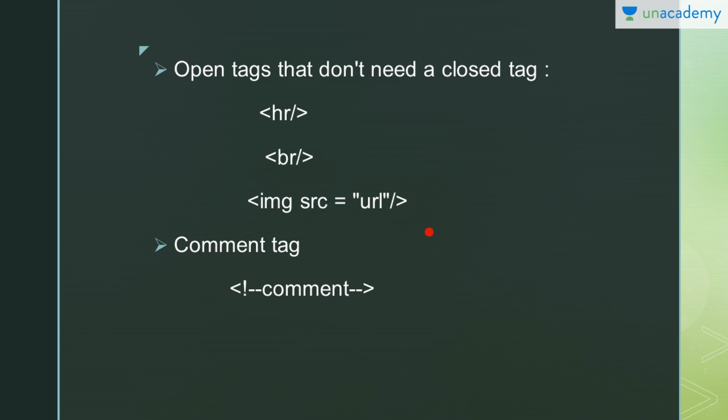So if I want to insert that image into my web page, I'll write image source equals to cobble.jpg in double quotes. Okay, and this tag also does not need any closing tag. These are 3 examples of open tags. Apart from these, there are more tags that do not require closing tags.